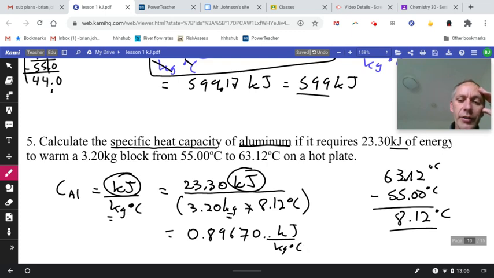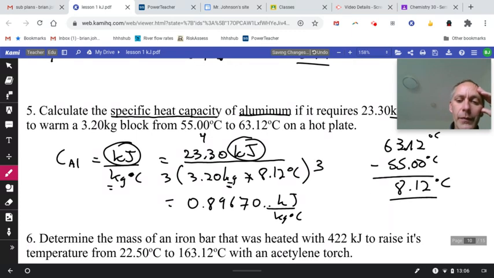Multiplication division, so it's 4 sig digs, 3 and 3, so our final answer is 3. 0.89, and the 6 rounds up to 7 kilojoules per kilogram degrees Celsius.